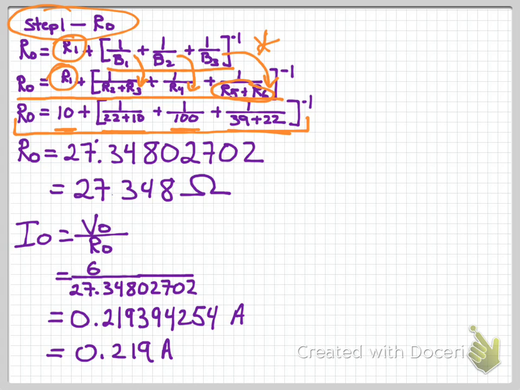So you're going to have 1 over 32 plus 1 over 100 plus 1 over 61, end bracket, and then find the negative 1 on your calculator. What this negative 1 does is when you press your equal sign, it's going to change all these fractions into a decimal, add them together, divide it into 1, which is the reciprocal, and then add it to the 10. And that's going to give you your total resistance of that circuit.